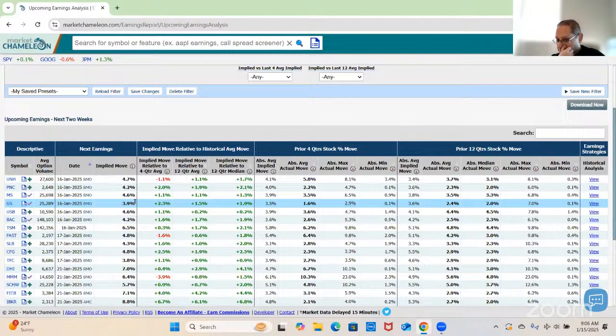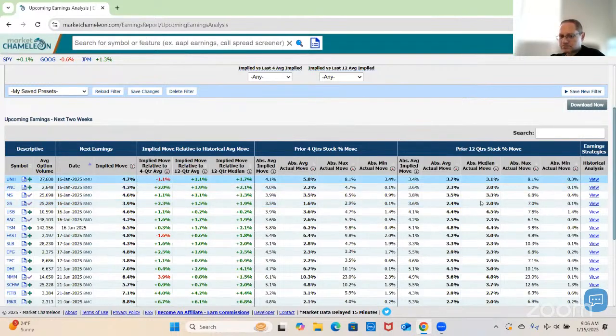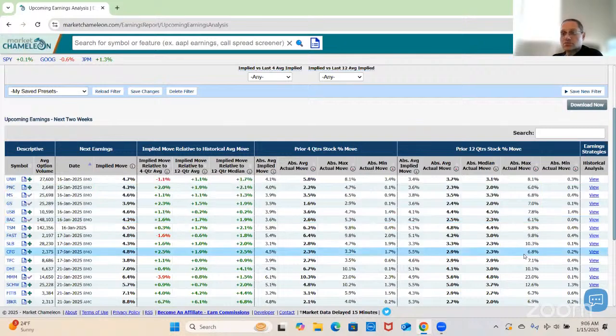Now, next to it, we have historical data to help us compare the current market, where the markets are pricing, to what the stock did in prior earnings, and what the options looked like relative to prior earnings. What were the options usually implying before an earnings announcement?